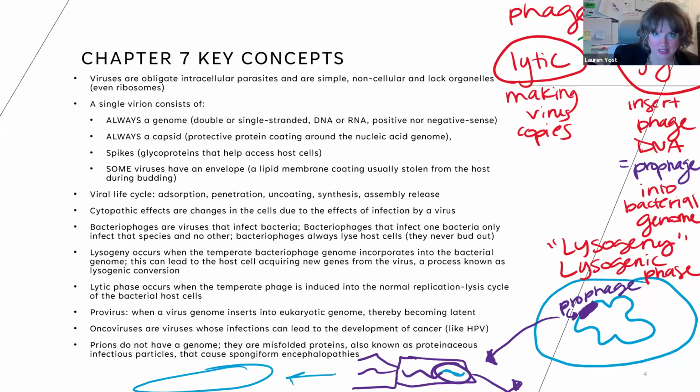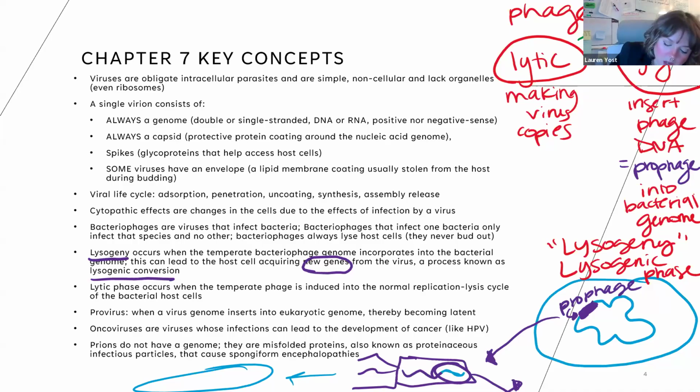Lysogenic conversion, okay? Lysogenic conversion is when you get new traits from your phage going into lysogeny. So lysogeny is when you're in your genome. Lysogenic conversion is when you get new traits from lysogeny. New genes and new traits. This can increase virulence, which means that the bacteria now causes a worse disease because of the traits it got from the phage, from the lysogenic conversion.